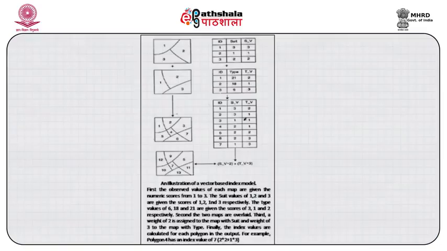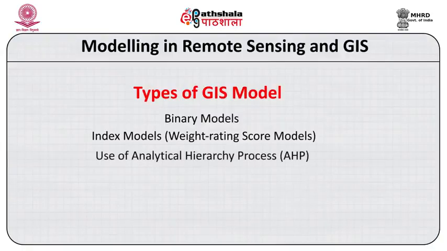These weightages are relative weightages, and a matrix can be developed among these variables. Generally, the Saaty method is used, what we call AHP, where weightage from 1 to 9 is allotted to different variables according to their importance.